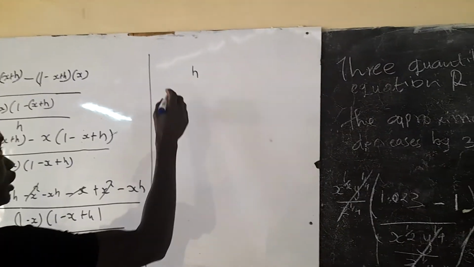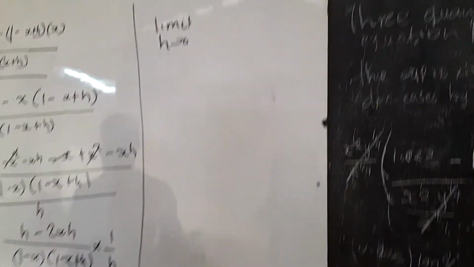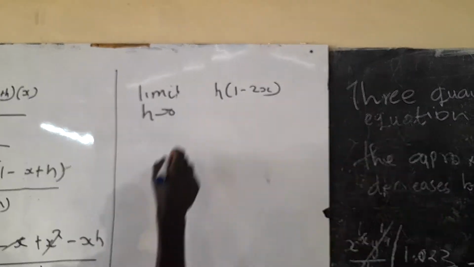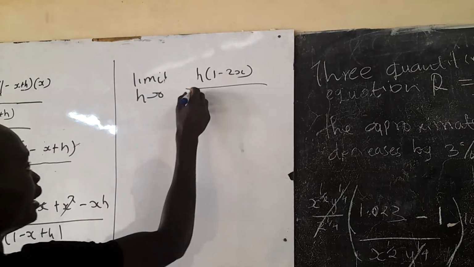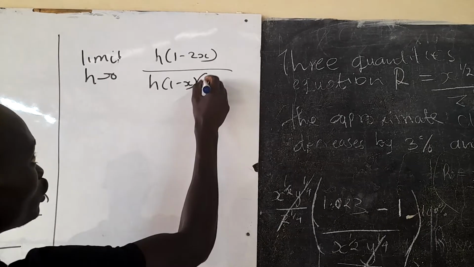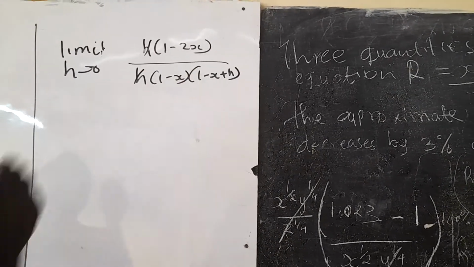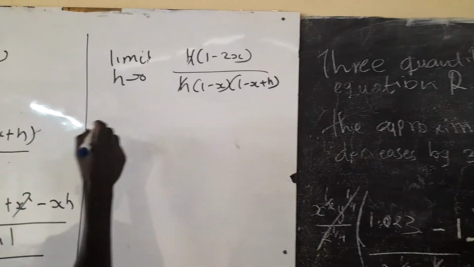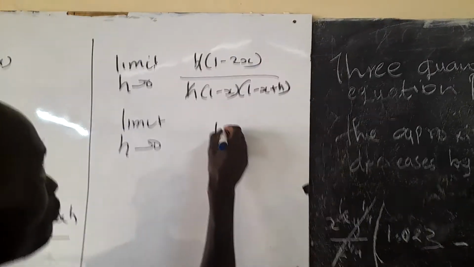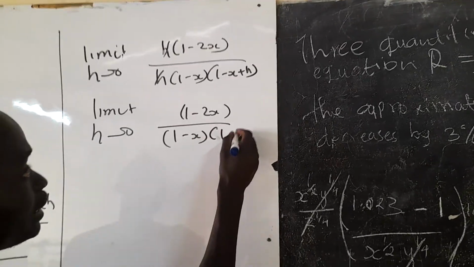So then I have the limit, h is approaching 0, of h into 1 minus 2x, everything all over h into 1 minus x into 1 minus x plus h. So this h and this h can cancel themselves out. I will have, on the limit h approaching 0, 1 minus 2x all over 1 minus x, 1 minus x plus h.